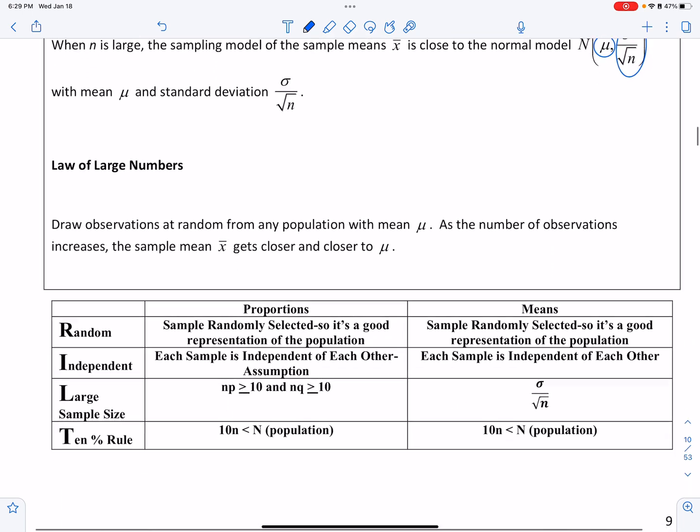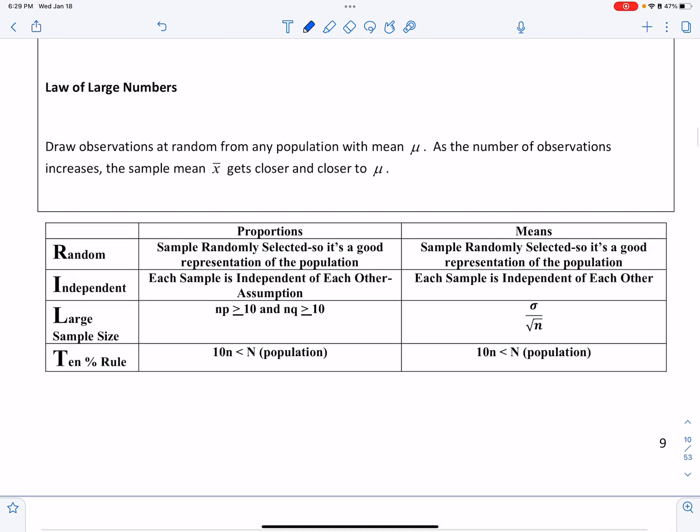So here is what I've just taught you. The conditions I use have an acronym, RILT. This is my acronym, not anyone's special acronym, so if you put RILT on your paper, RILT means nothing. But here's the deal.